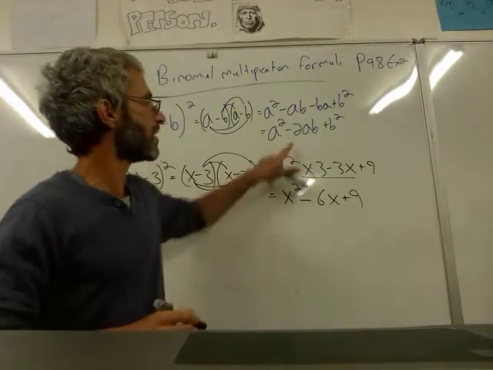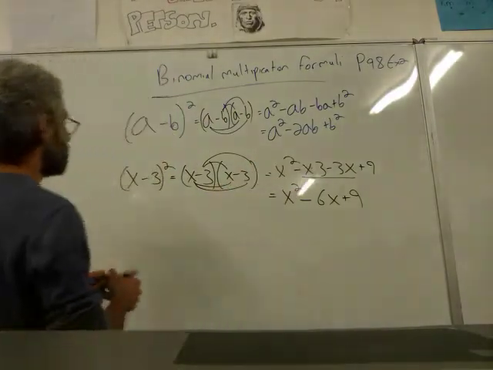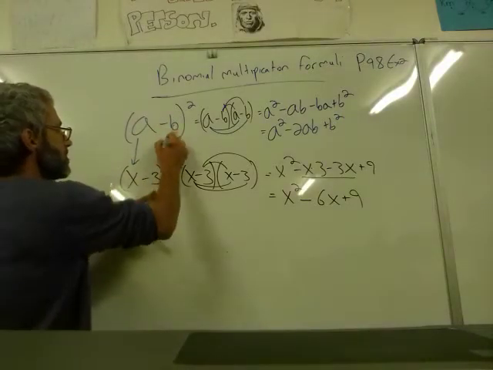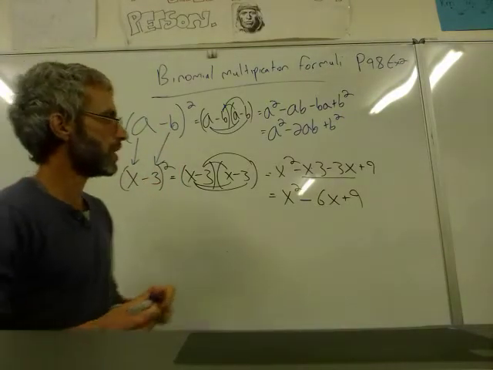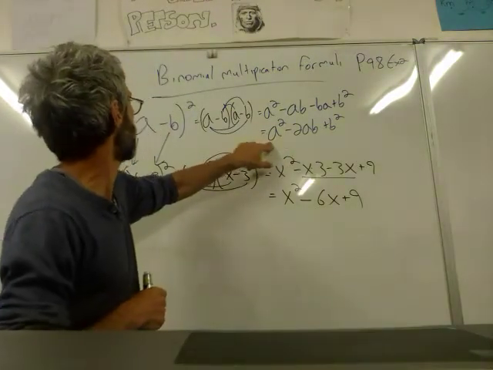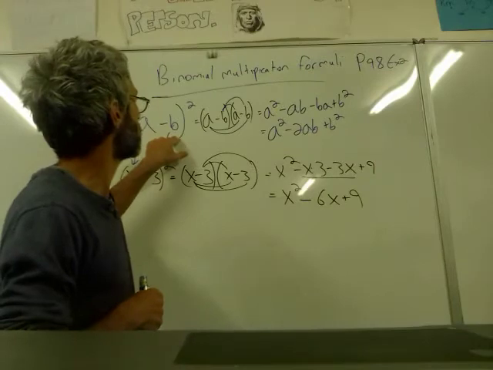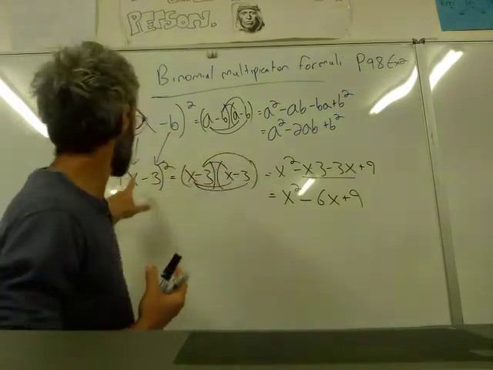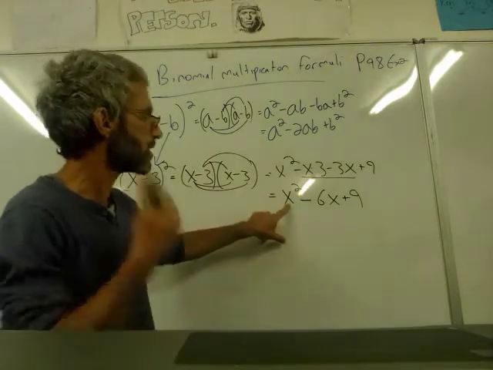Now let's compare that to this formula. A, your first term, was x. B, the second term, was 3. If we were just to use the formula, what does it tell us? If I have first term minus second term squared, take the first term, the a, and square it. What is the a here? X. I'm squaring x, so I get x squared.